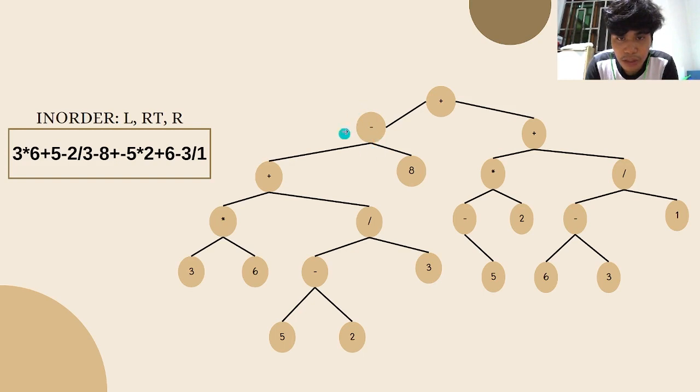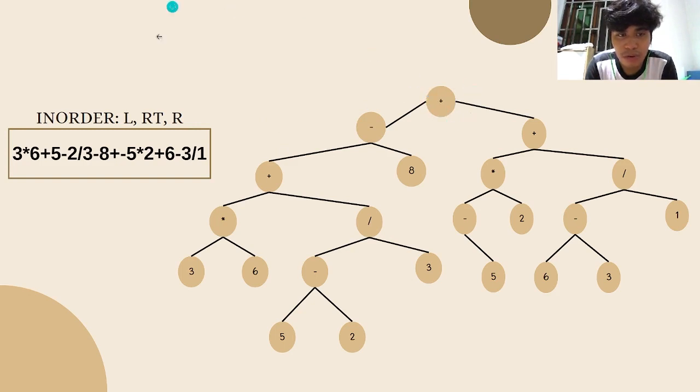In the subtraction, it already traversed to the left, so it can now be printed out, and then traverse to its right, where we meet once again a leaf node. So we just print it out, then go back to the parent node. Since the parent node of the 8, the positive or the addition, has already had all its requirements visited, it can now go back to the root, the main root of the tree, which already traversed to the left.